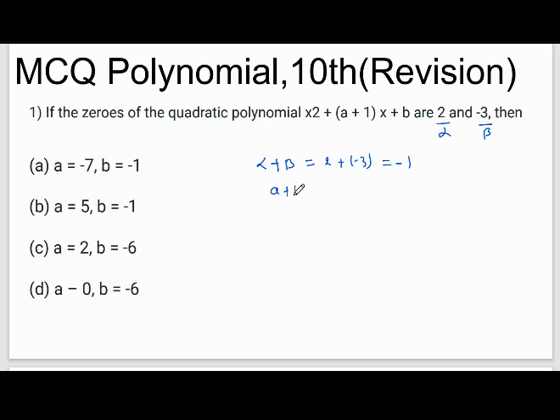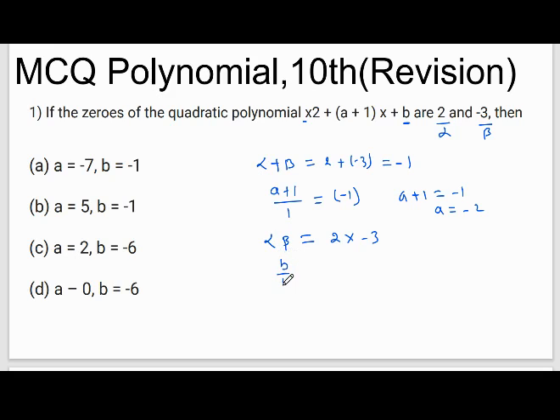So we will write here (a plus 1) by 1 is equal to minus 1. So we can write a plus 1 is equal to minus 1, so a is equal to minus 2. Right. Now alpha into beta is equal to 2 into minus 3, and it will be the ratio of the constant and the coefficient of x square.